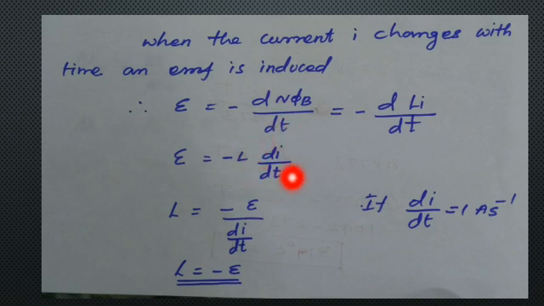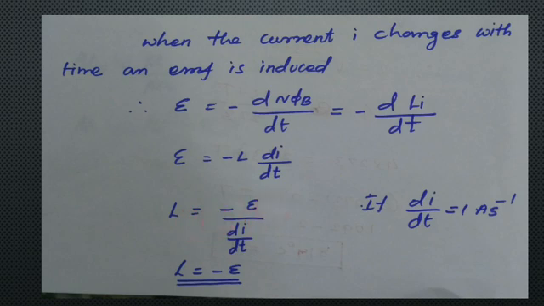If dI/dt is 1 ampere per second, that is, the rate of change of current in the coil is 1 ampere per second, then e = minus L into 1. Therefore L = minus e divided by dI/dt, and if dI/dt is taken as 1, then L is equal to minus e.